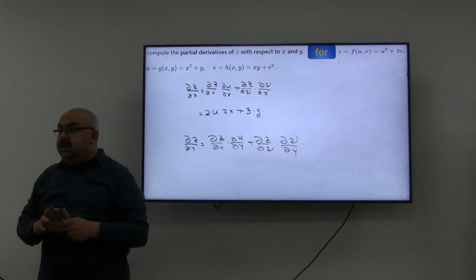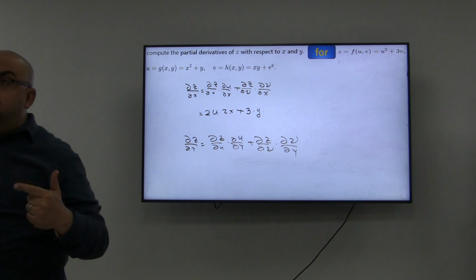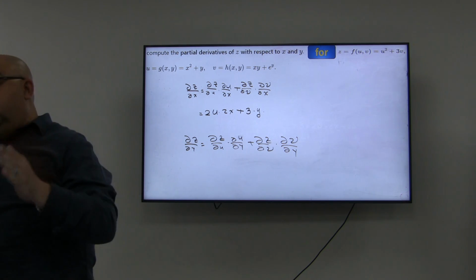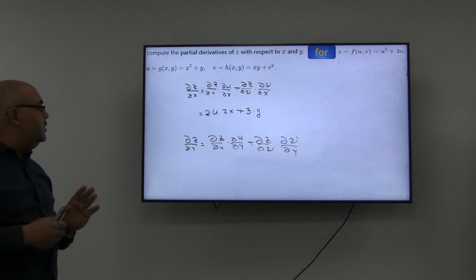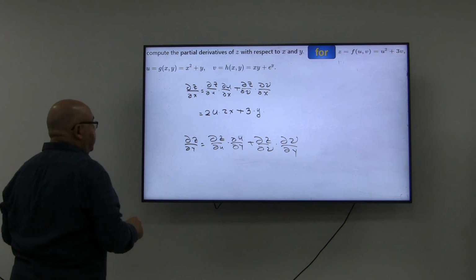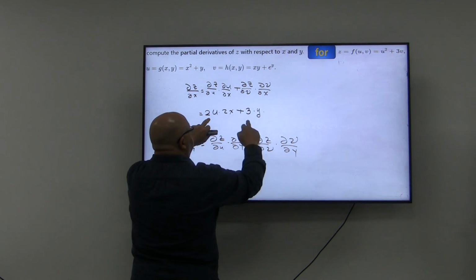The most important thing is to know, is it case number 1, is it case number 2, and how I'm going to write it, then substitute directly. It's really very simple. Also in a similar manner, partial z, partial u and partial z, partial v are going to be 2u and 3.